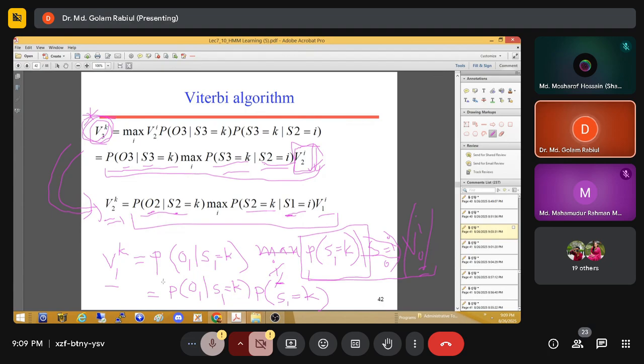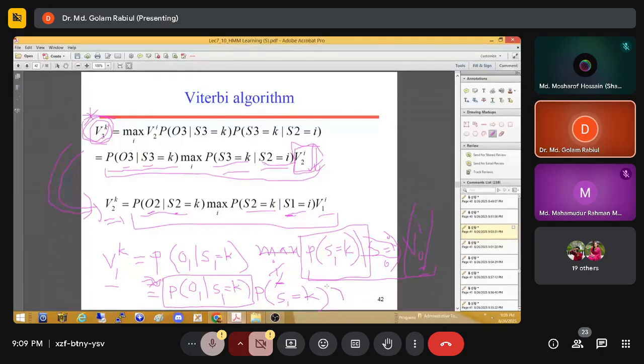So if we closely observe this, what is it? This is the probability of observation given state equal K. This is our emission probability, and from the model we know the emission probability, the emission probability of observation 1 and state 1.